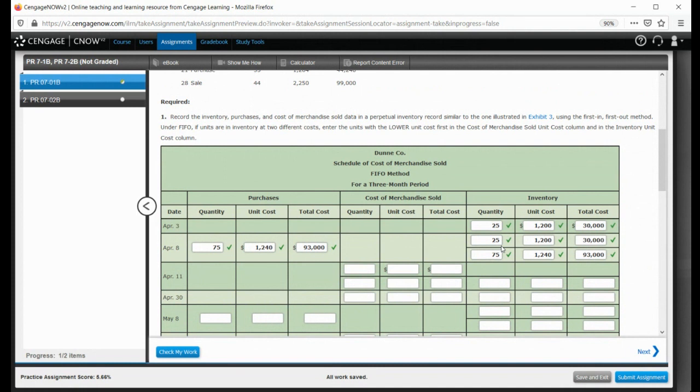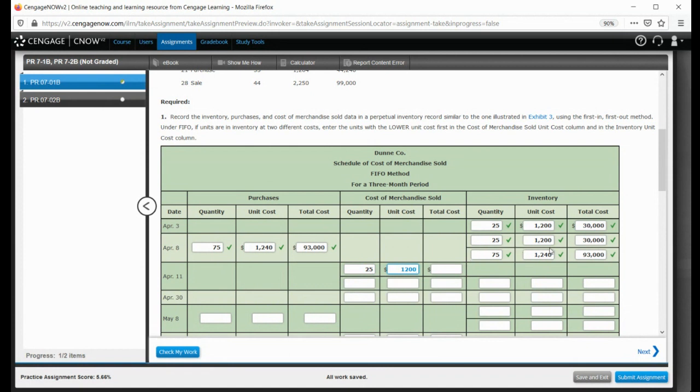And in a first in, first sold, or first in, first out method, we're going to sell the units that are in the inventory that we had obtained or purchased first. So in the cost of merchandise sold, we're going to show here that we have sold 25 units at $1,200 each.